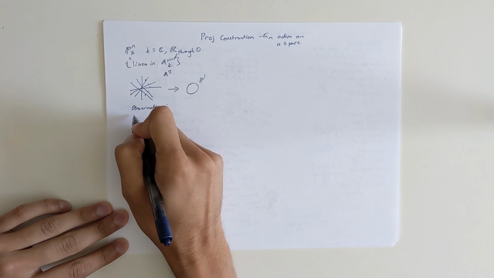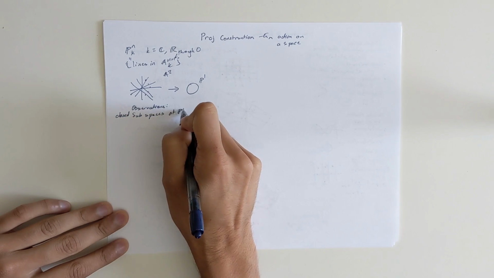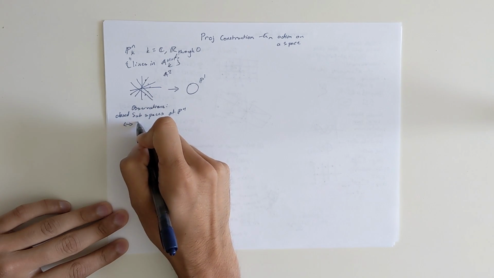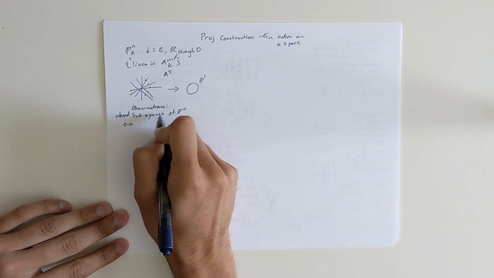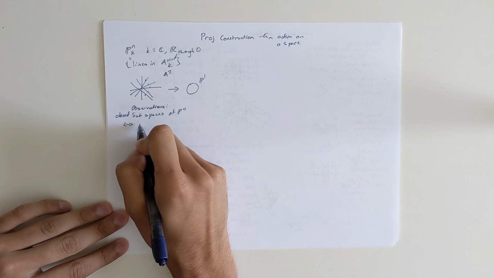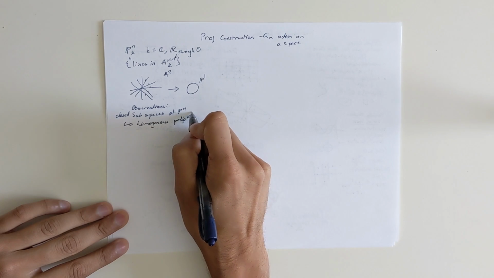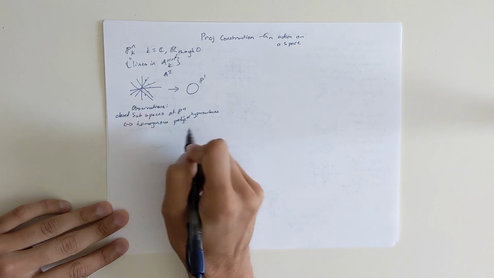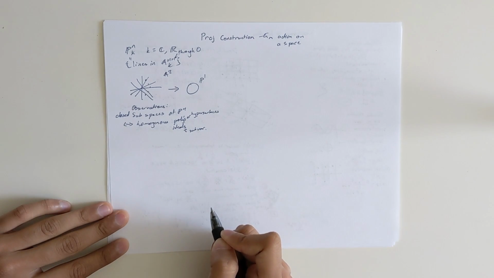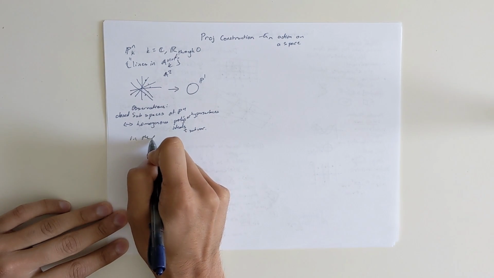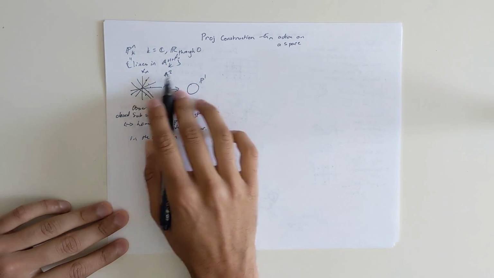And so what we realize is that closed subspaces of Pn, or first hyperplanes or hypersurfaces, are in one-to-one correspondence with homogeneous polynomials, and this is for hypersurfaces, or homogeneous ideals, and this is for just general subvarieties, in the variables x0 up to xn, where x0 through xn are the coordinate variables for A^(n+1).